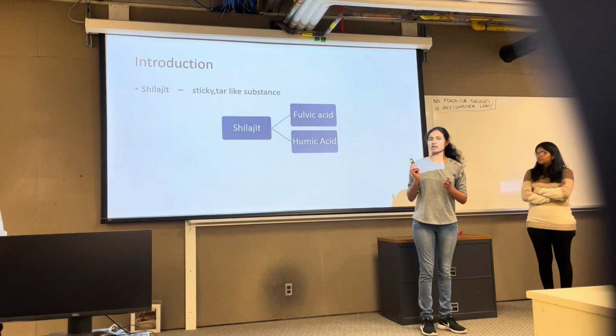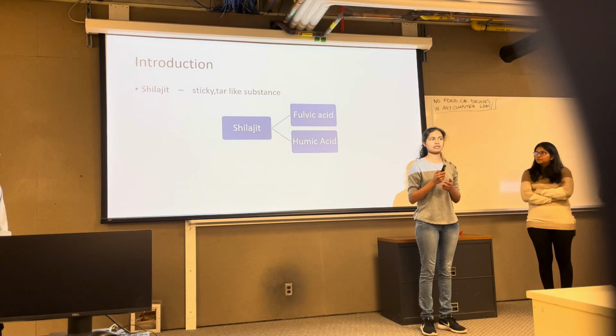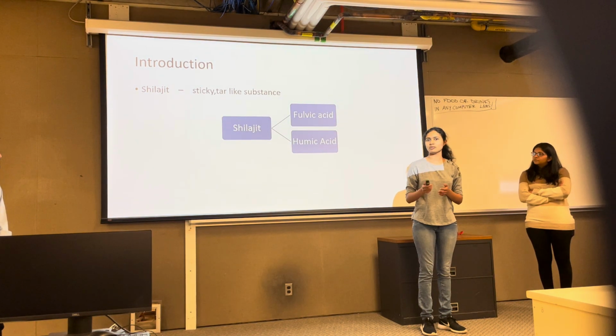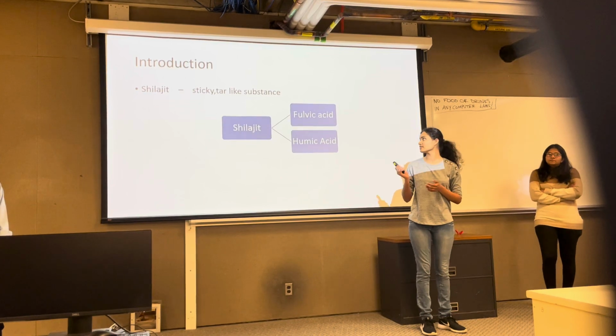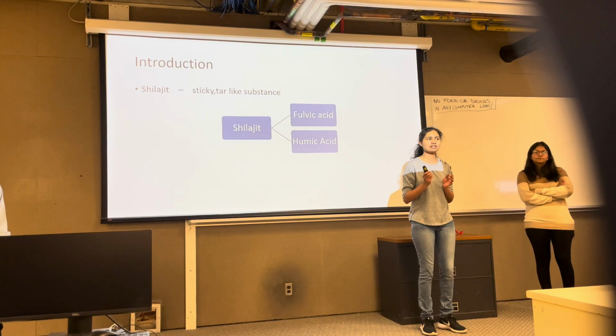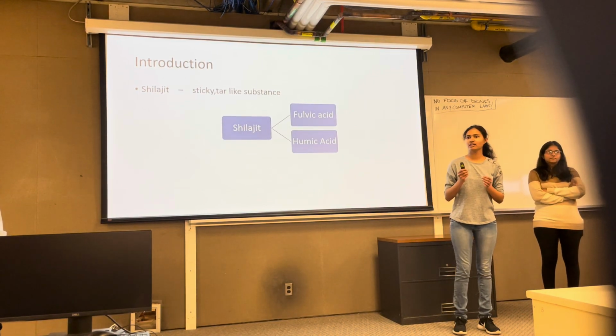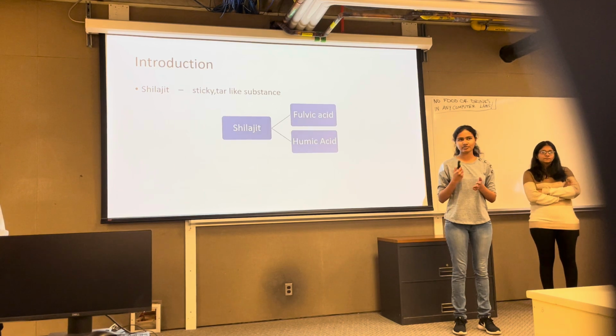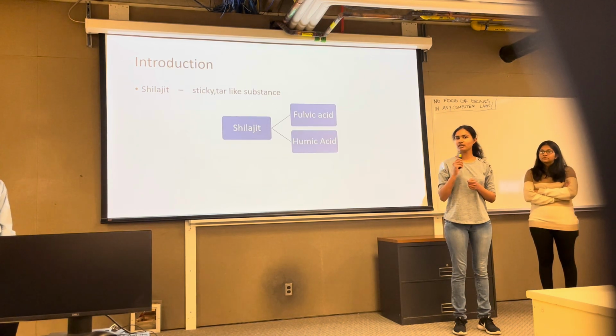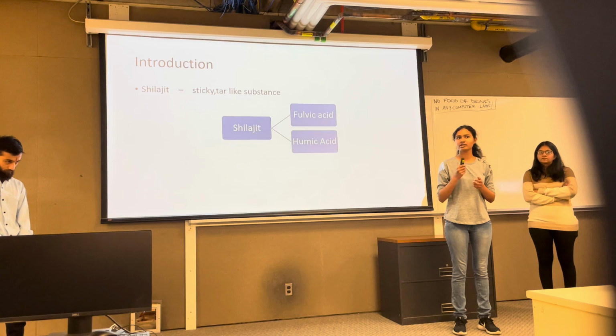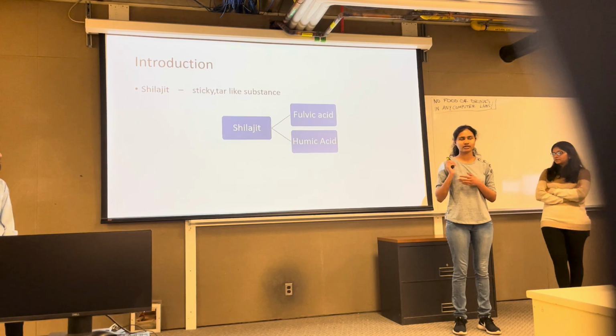So today I will give a brief introduction on what is Shilajit, what is fulvic acid, and what is humic acid. So basically, Shilajit is a tarry, grease-like substance. It is found in the Himalayan regions by the breakdown of plant and animal substances over thousands of years.